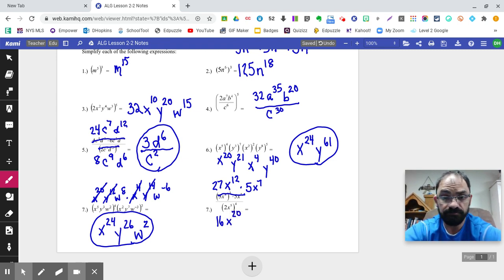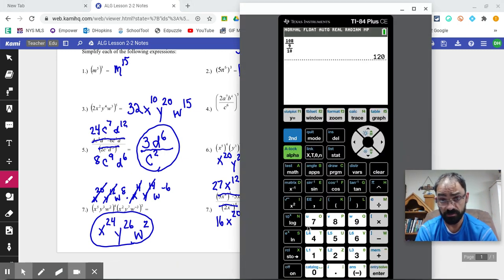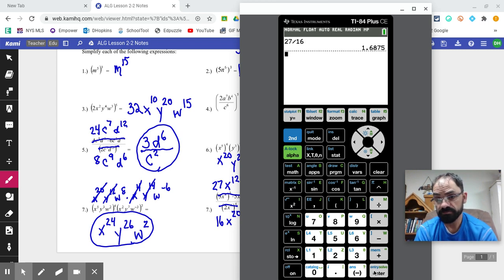So let's see what we have. Okay, does that reduce? 3 doesn't, 9 doesn't. So if you're not sure on whether 27 over 16 reduces, in your calculator, 27 divided by 16, you'll get a decimal.